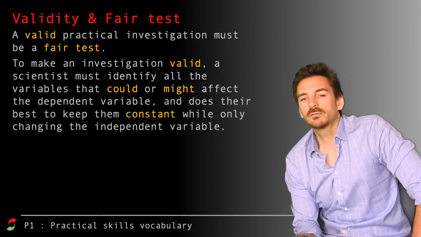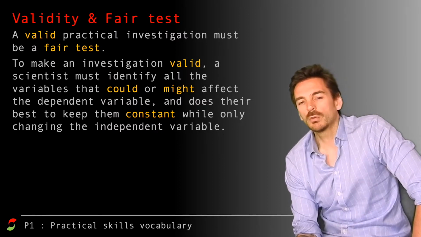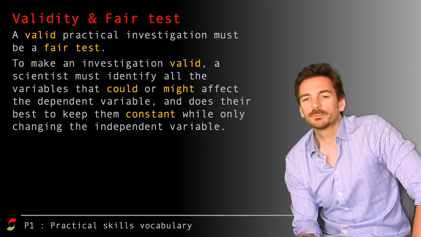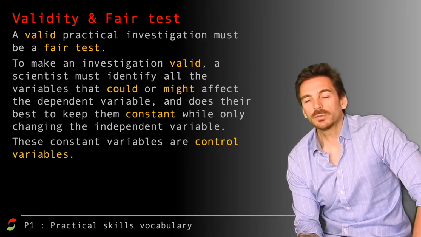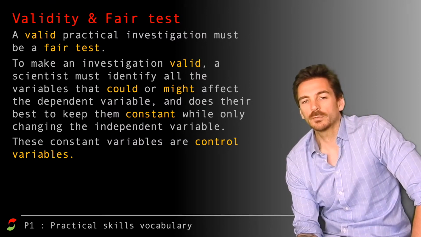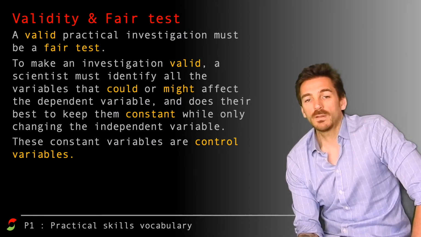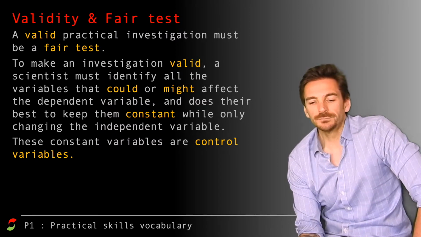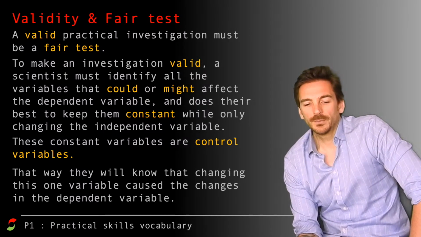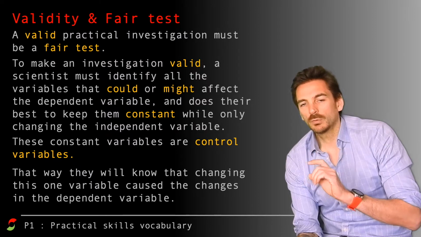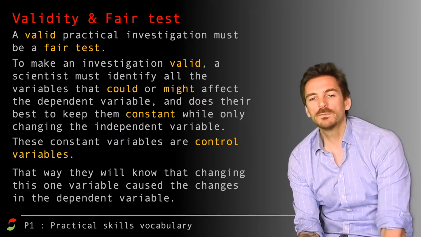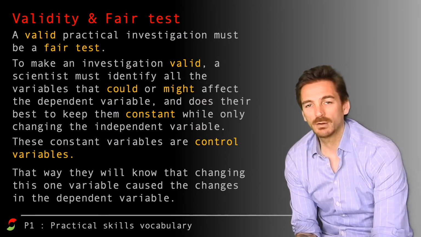But to the best of our abilities, we try and control all of our variables. That means we have control variables. The implementation of control variables makes a practical valid. What that really means is if we control all our other variables, because we've only changed one variable, we are confident that that one variable has caused the outcome.